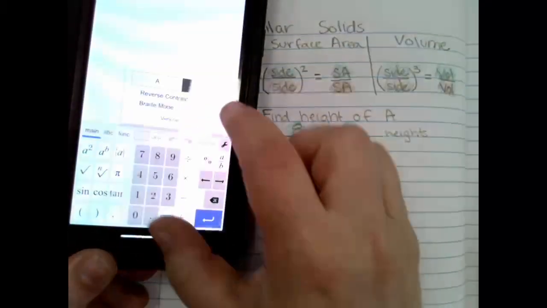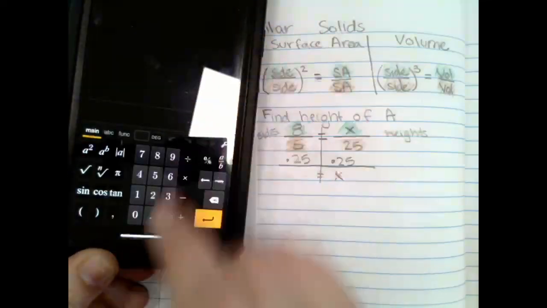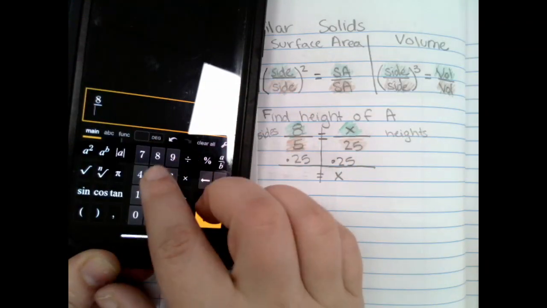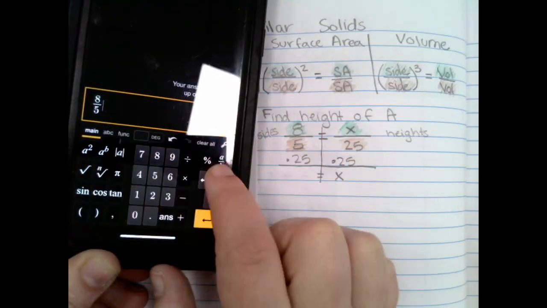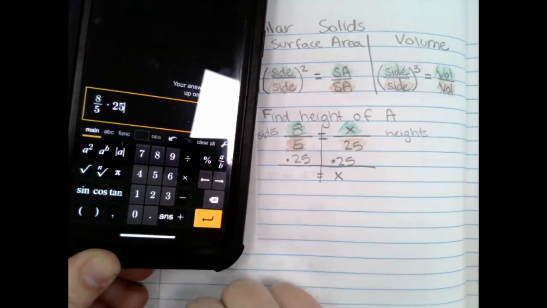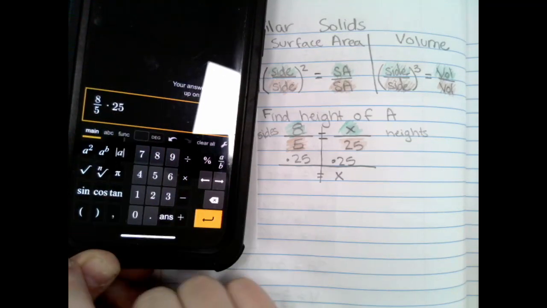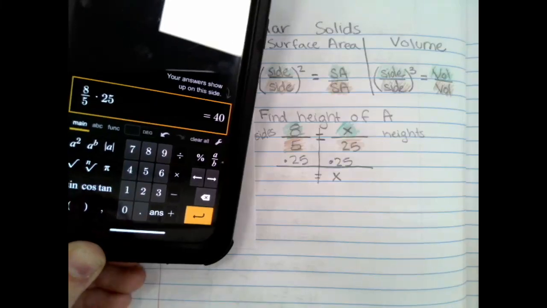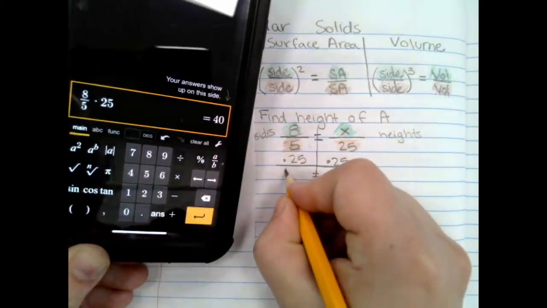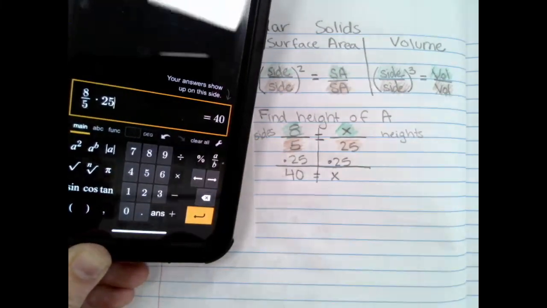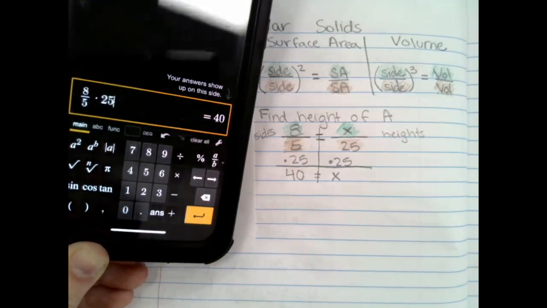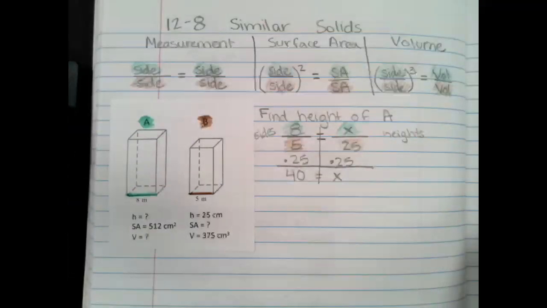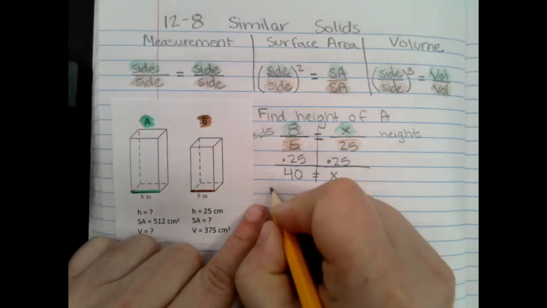So 8 over 5, and then off to the side, times 25. We put that into our calculator, and we get 40. All right, so height of A is 40.